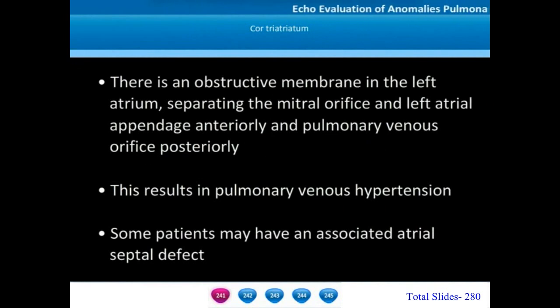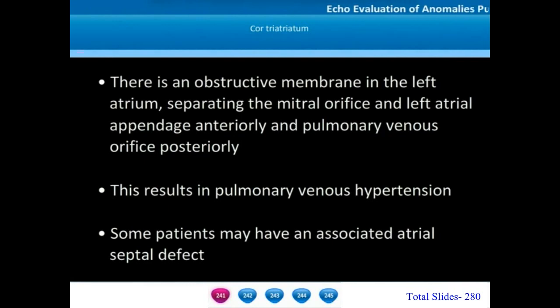So far we had seen different types of anomalous pulmonary venous drainage, starting from supracardiac TAPVCs, moving on to intracardiac TAPVCs, subsequently infradiaphragmatic TAPVCs, and last mixed types of TAPVC.